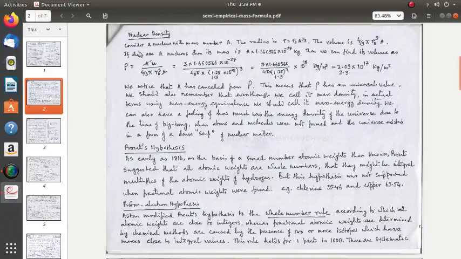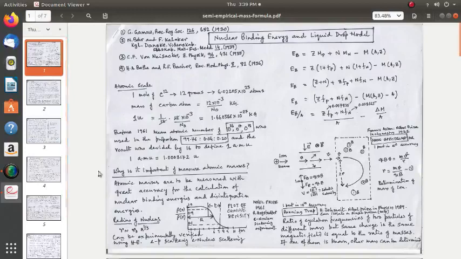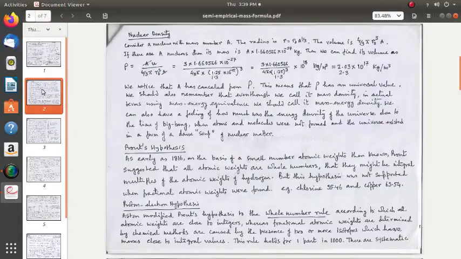So to answer this question, let us consider a nucleus with mass number A. The radius is then R equal to R0 A to the power 1/3. That is the relation we got using the electron-proton scattering. And then the volume is 4/3 pi R0 cube multiplied by A. So from here we get R0 cube, and from here cubing this we get A. Now because there are A nucleons, the mass of the atom is A multiplied by u. u is this unit.